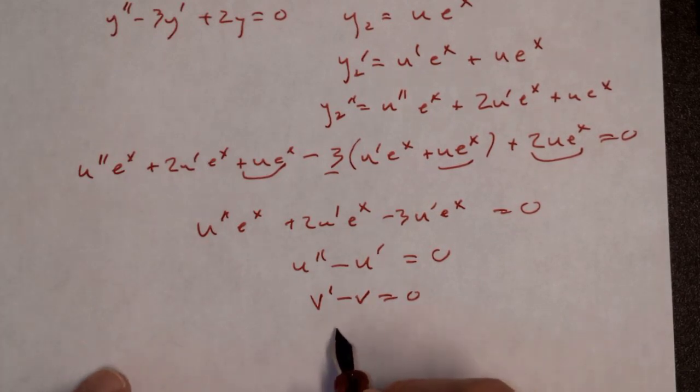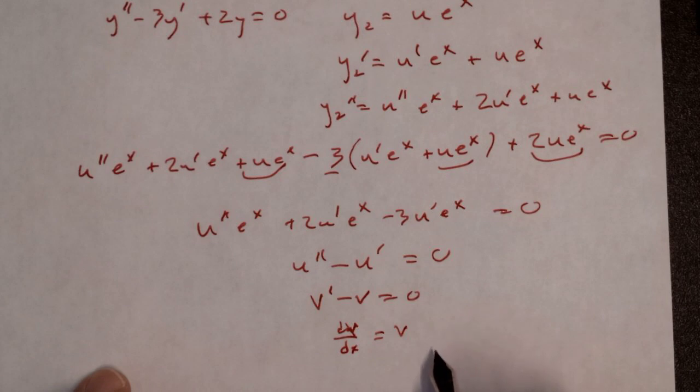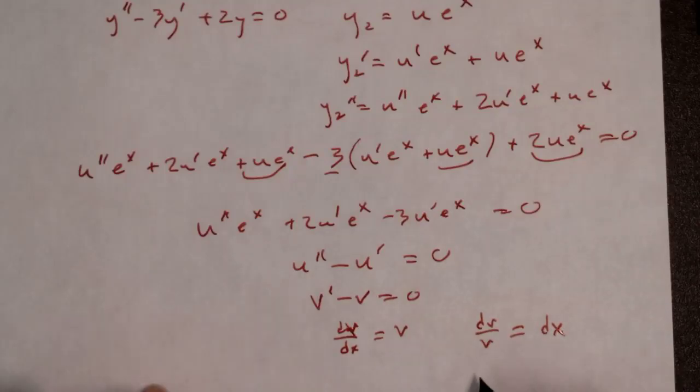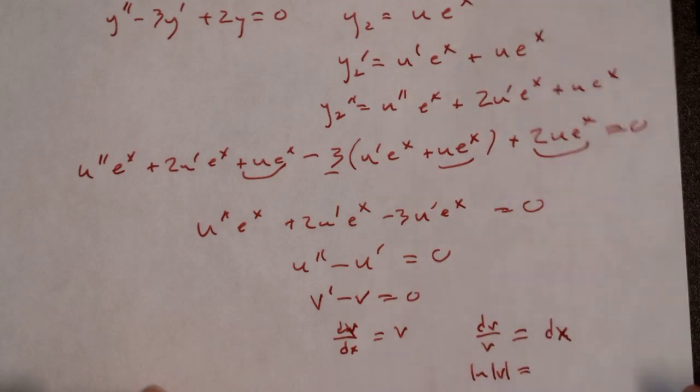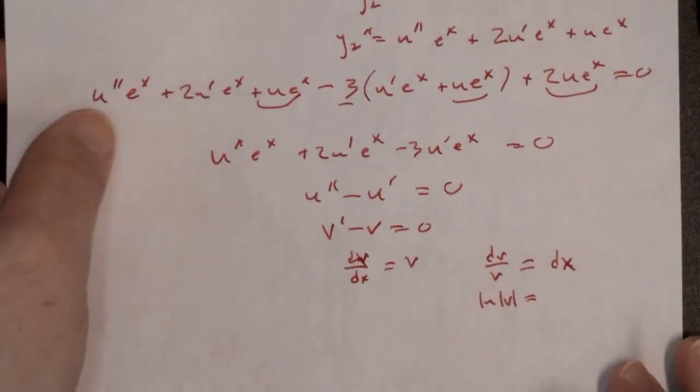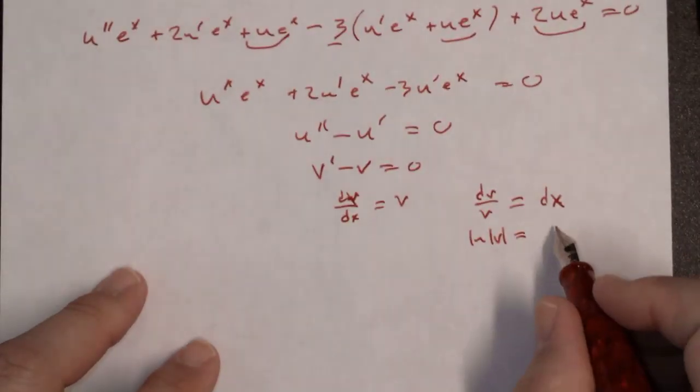This is dv dx equals v. So I get dv over v equals dx. Integrate: ln v is the integral of 1, which is x.